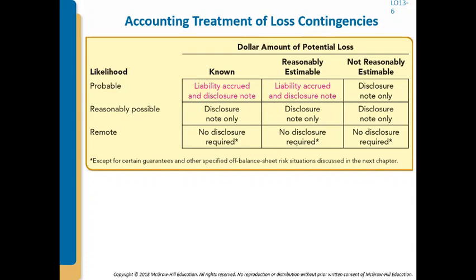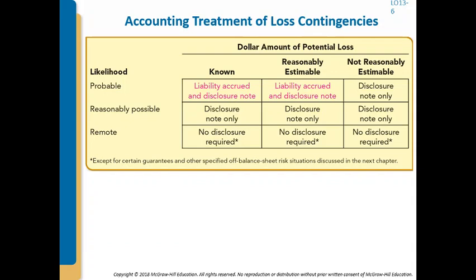Of course, if it's known and it's probable that the event will occur, the loss contingency must be accounted for as a liability in the financial statements and also disclosed in the notes to the financial statements.